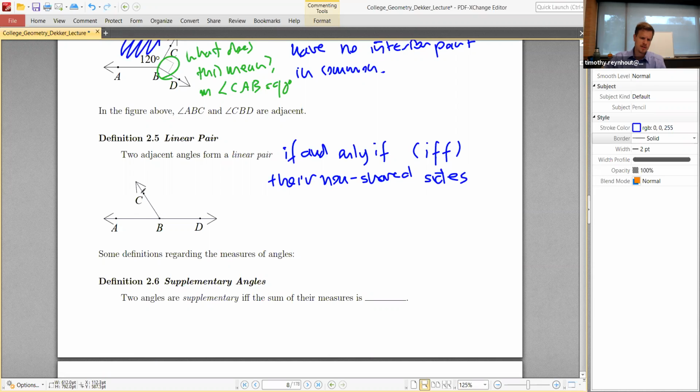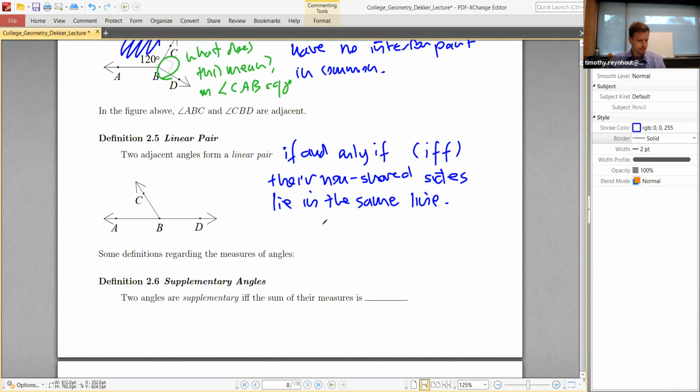So ABC and CBD are adjacent in this case, and they have the shared side of CB, or BC rather, and the non-shared sides are BA and BD. So if and only if they're non-shared sides, this side and that side, lie in the same line.